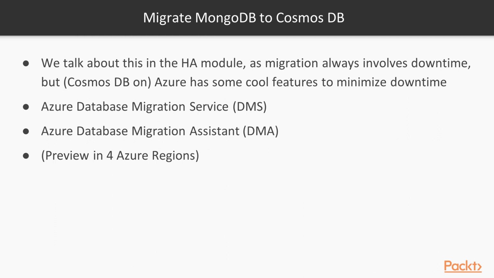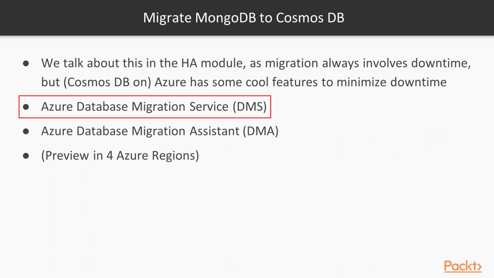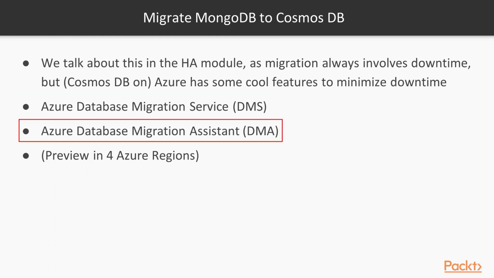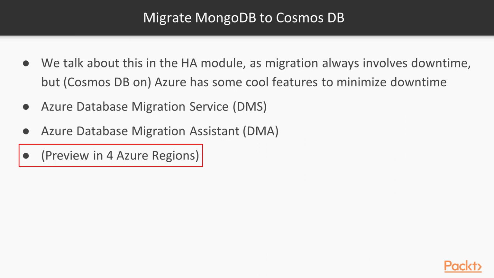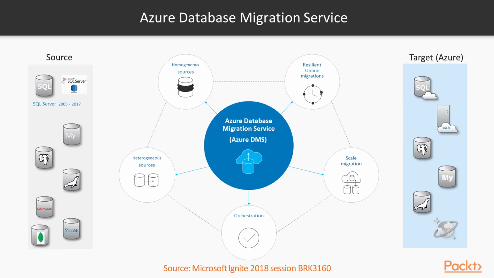Azure gives you 2 different options: the Azure Database Migration Service and the Azure Database Migration Assistant. And as you can see, it's in preview for now, so it's still pretty new. But what it does is a lot more than just migrating MongoDB to Cosmos DB.